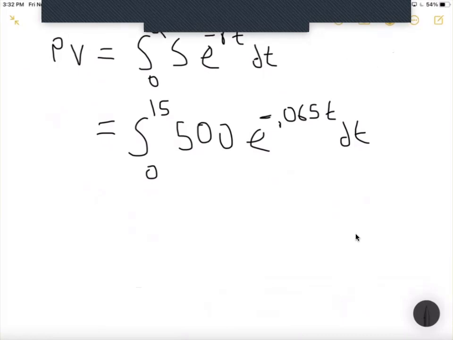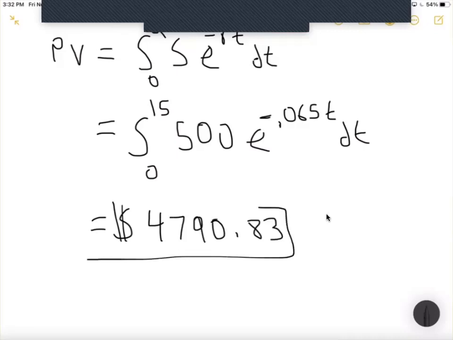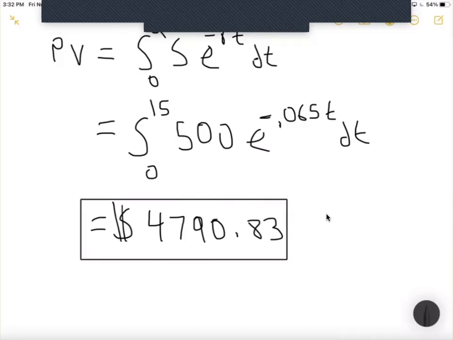We use our calculator to do this integral for us. We're doing the integral of 500 e to the negative 0.065 t evaluated from 0 to 15. And we get $4,790.83. So for this example, investing about $4,800 up front for 15 years is equivalent to investing $500 every single year. So it's that relationship.